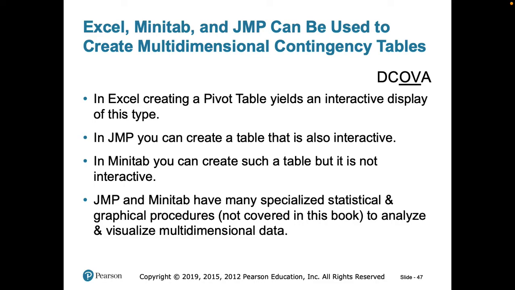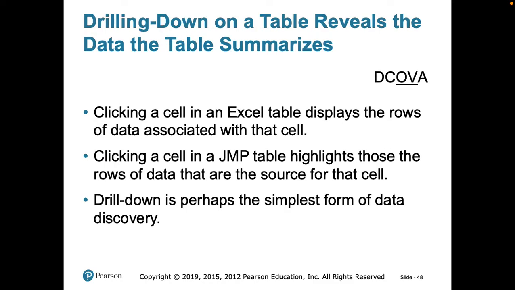And finally, JMP and Minitab have many specialized statistical and graphical procedures you can use to analyze and visualize multidimensional data. You can do the drill down in a table to reveal data in the table summaries. In Excel, if you click on a cell, the table displays rows and data associated with a cell.